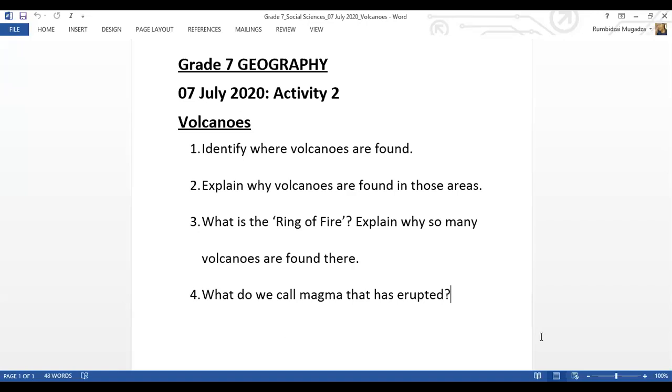Number 4, what do we call magma that has erupted? So only those 4 questions, you do them for homework. Tomorrow, when I ask those questions, I want to see the answers, please. So we're going to revise together tomorrow.